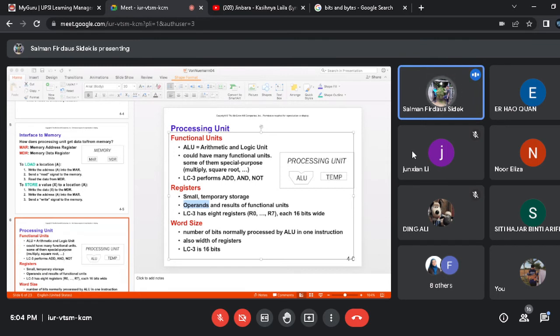So 8 bits equals 1 byte or half word. 16 bits equals 1 word. 32 bits equals 2 words or IEEE something. If you have 4 bits, we name it a nibble. N-I-B-B-L-E. Okay, nibble.